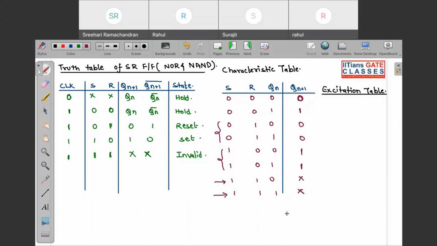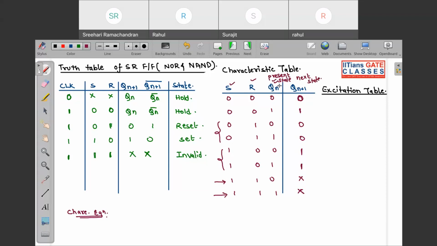Now we need to get what? The characteristics equation. So characteristics equation means what? It is a Boolean equation that relates your inputs and present state with your next state. So this you can say is the present state, and this is your next state.